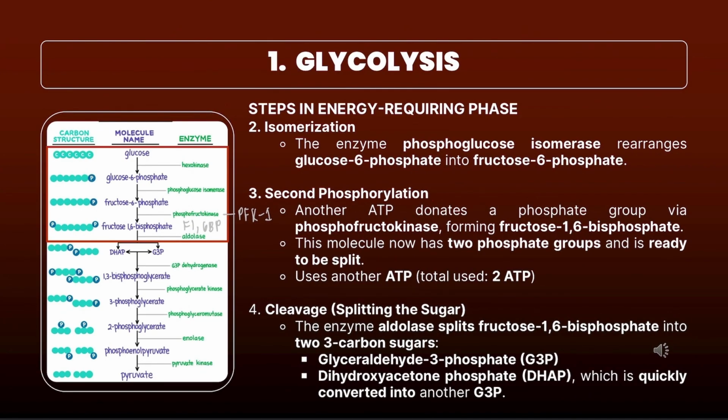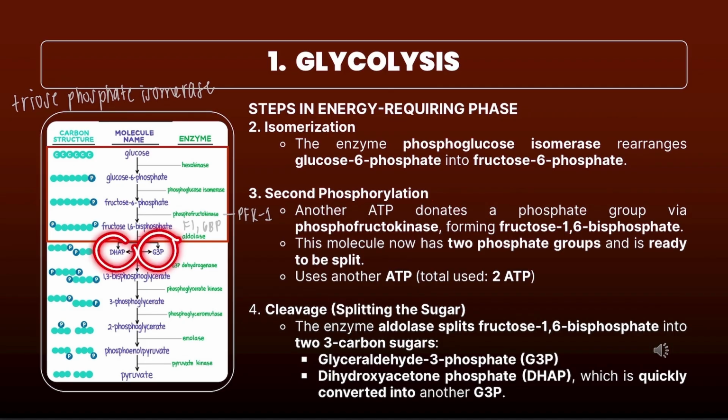But here's the catch, guys. As you can see here, we have DHAP and G3P, right? But after that, the enzyme triose phosphate isomerase will quickly convert the DHAP to another G3P.